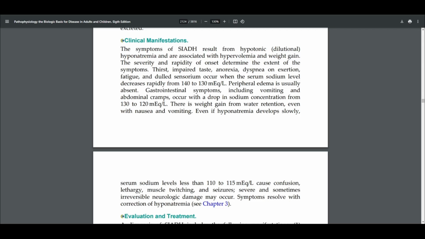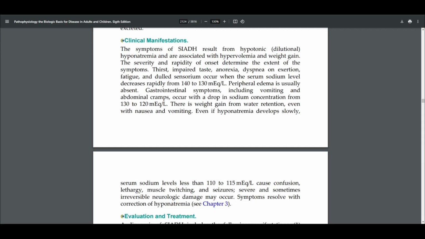Thirst, impaired taste, anorexia, dyspnea on exertion, fatigue, and dulled sensorium occur when the serum sodium level decreases rapidly from, let's say, 140 to 130. Peripheral edema is usually absent. Gastrointestinal symptoms include vomiting and abdominal cramps. These occur with a drop in sodium concentration from anywhere from 130 to 120. There is weight gain from water retention, even with nausea and vomiting.